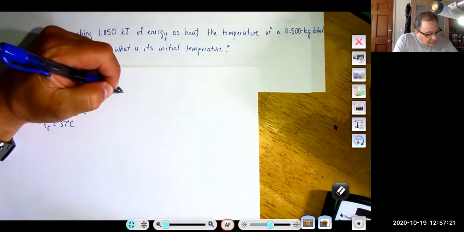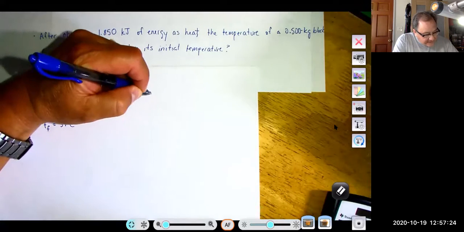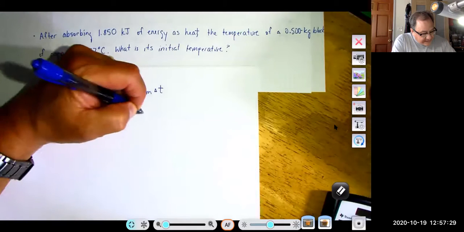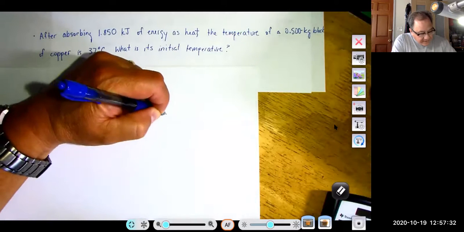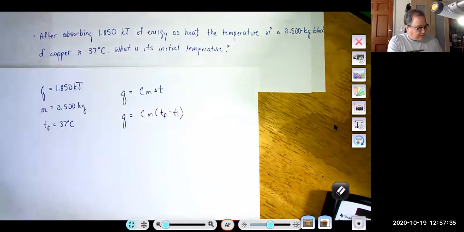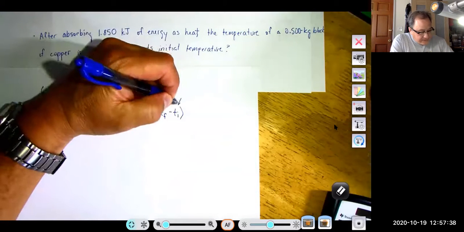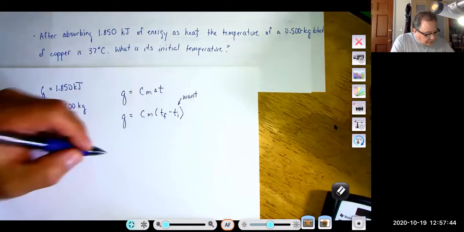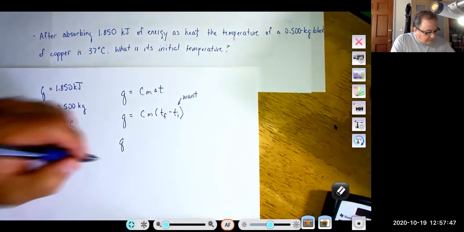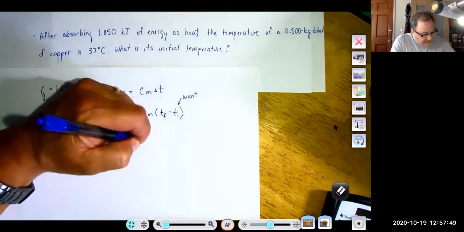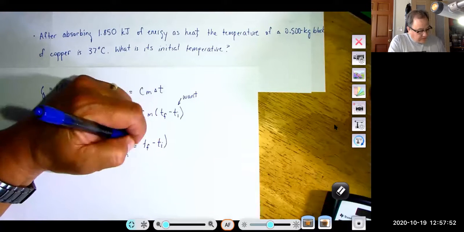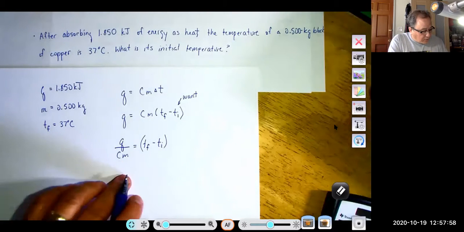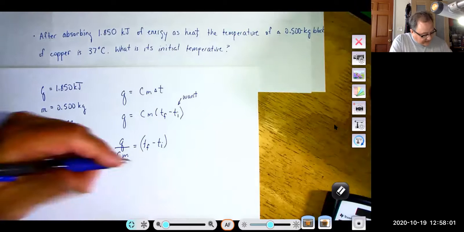So we know that Q equals C m delta T, which means that Q is equal to C m (T final minus T initial). And this is what we want. So I'm going to rearrange this equation to Q divided by C m is equal to T final minus T initial. What I did is I divided each side by C m. And now I'm going to subtract T final from each side.